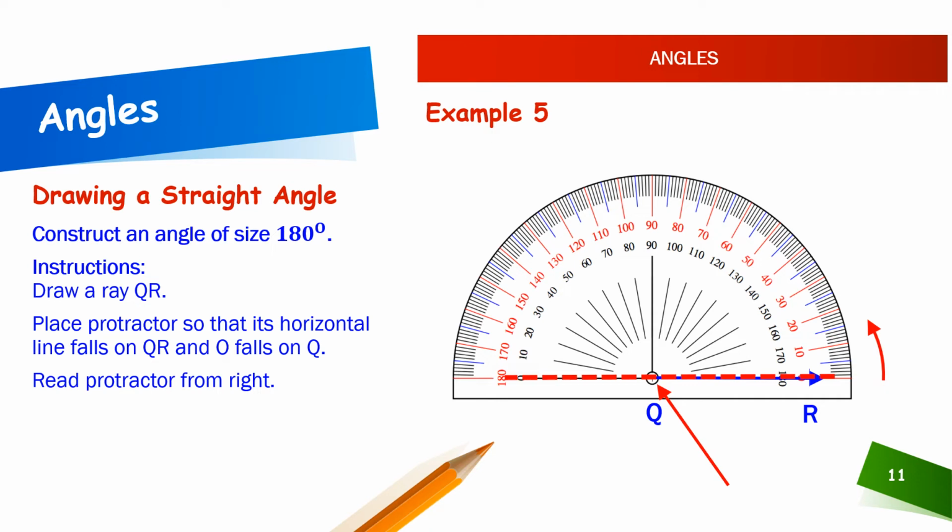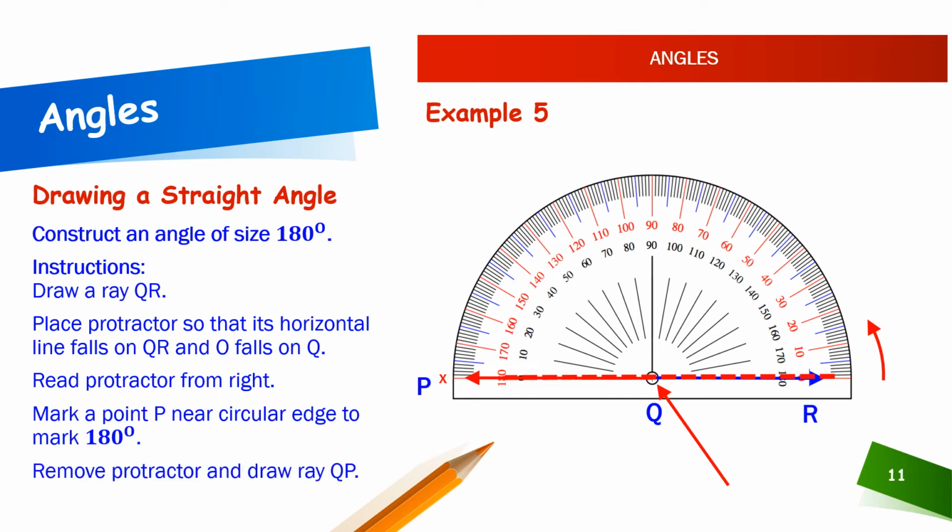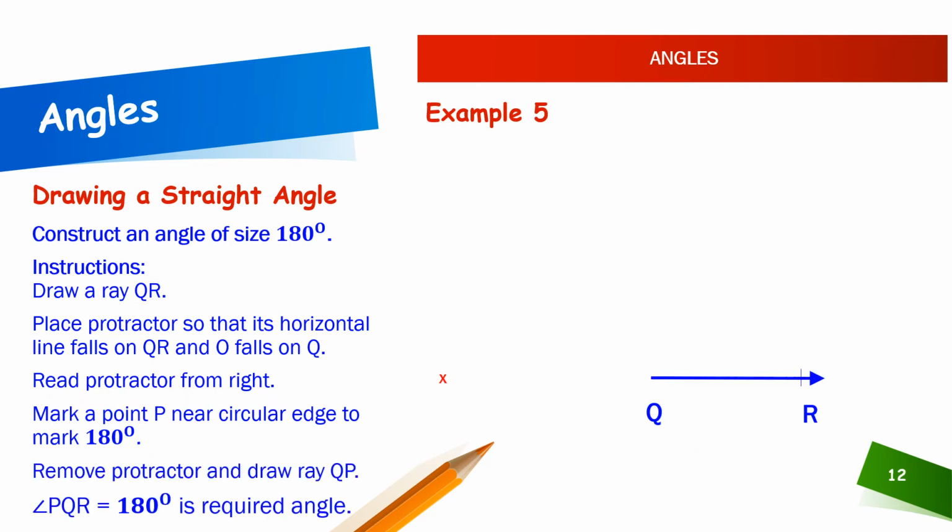Next, mark a point P near the circular edge to mark 180 degrees, as shown. And finally, remove the protractor and draw the ray QP. Angle PQR equals 180 degrees is our required angle.